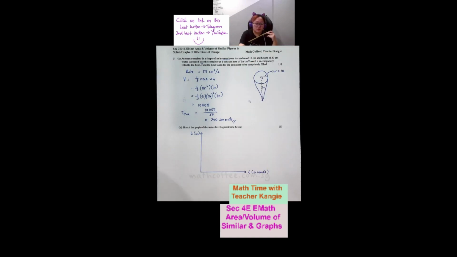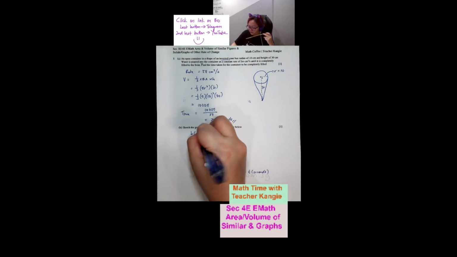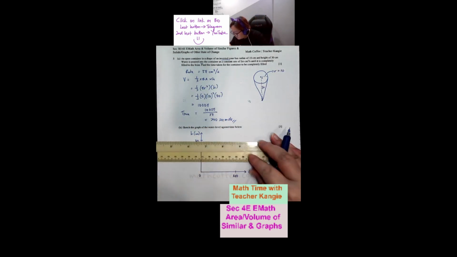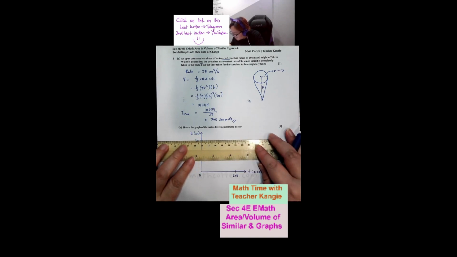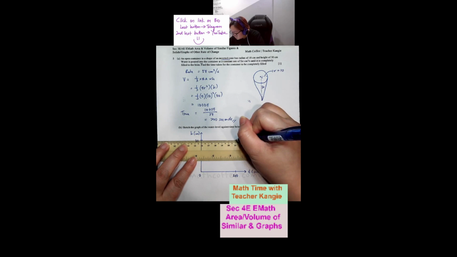So if you are going slower, it will be this shape. This one is very straightforward. It is only 200 here, 0, and then the height is just 30. So this one only has one point that you need to plot. Dot.